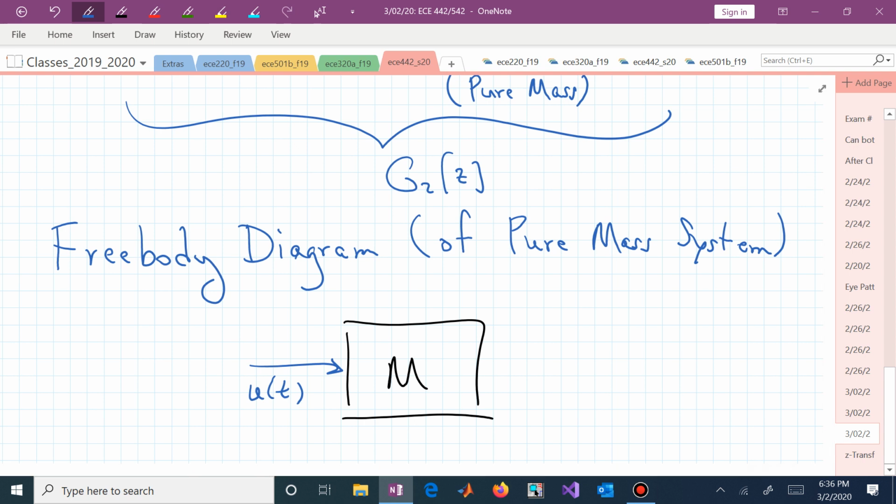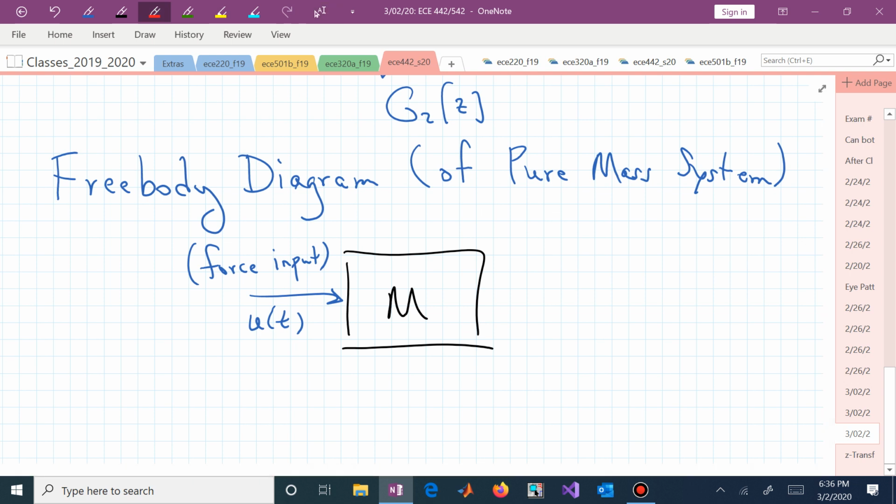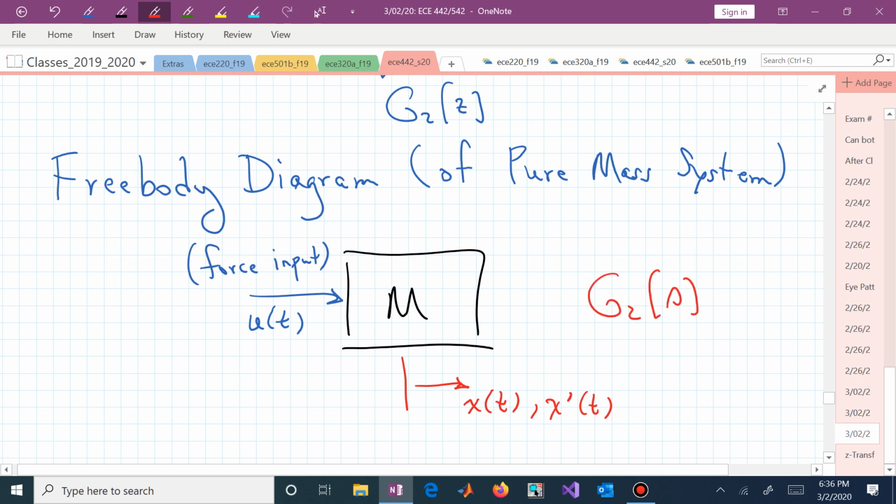U of t is our force input. That's our generic force now. U of t is a generic input. This is our force input. And we probably want to draw a line in the sand and say there is our position x, and relative to that we can talk about the velocity. What's G sub 2 of S?